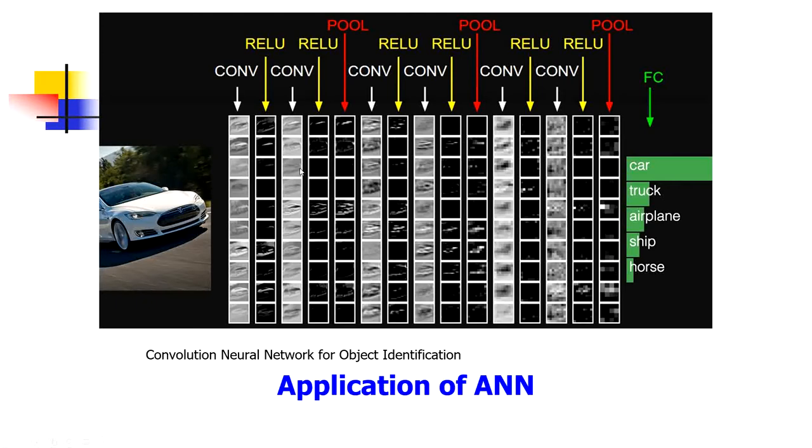We feed in the cars, and then it will map every type of feature of the car, and eventually we get some sort of output with some sort of probability. Usually the highest probability will belong to the input that you fed to the model. So this is one application.